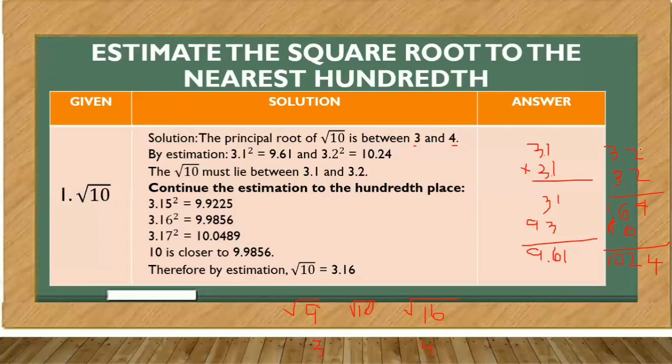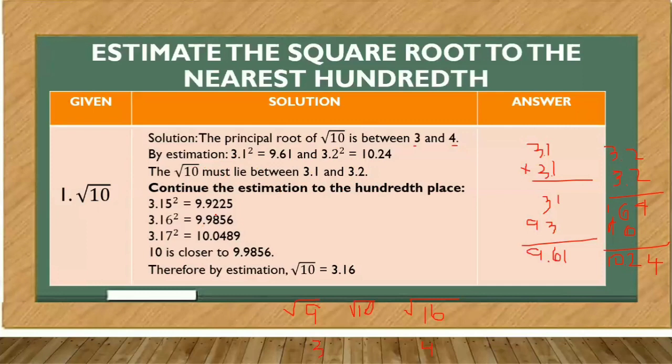Then, ilang decimal point? 1, 2. So, dito, 10.24. So, malapit sila kay kanino? 3.1 and 3.2. Kapag 3.2 na yung ginamit natin, ibig sabihin, lagpas na tayo kay 10. So, ibig sabihin, kay 3.1 lang. Puro 3.1 muna ang gagamitin. Must lie between 3.1 and 3.2. Nasa gitna siya ni 3.1 and 3.2.